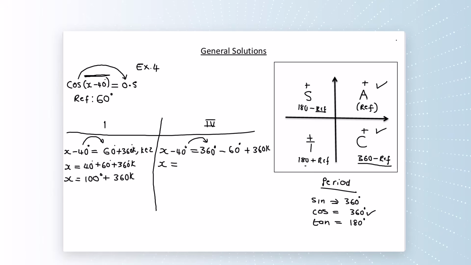So it's going to be 360 degrees minus 60 plus the 40. It was negative here. When it goes to the other side, it's going to be positive. So you're going to have 340 degrees plus 360k. And that is how you find the general solution.